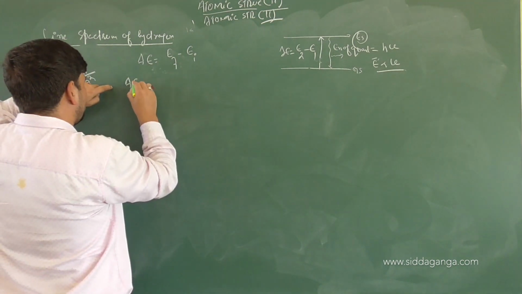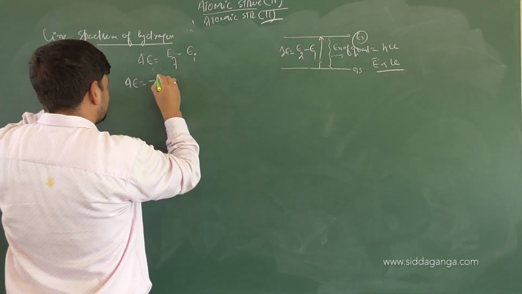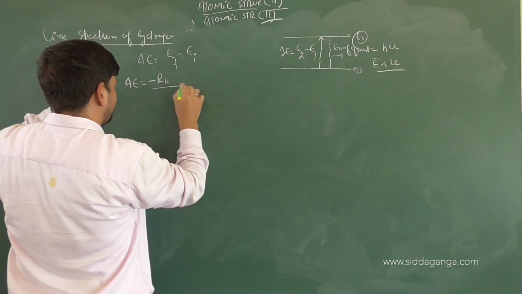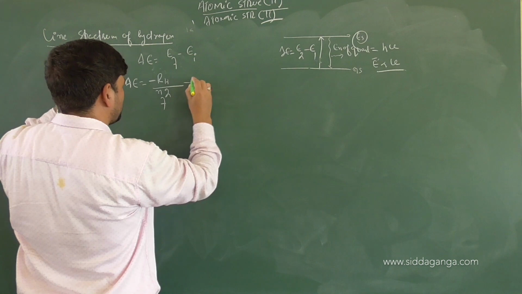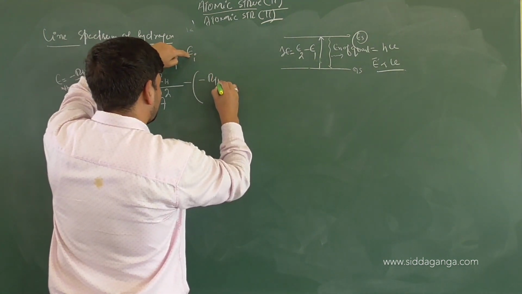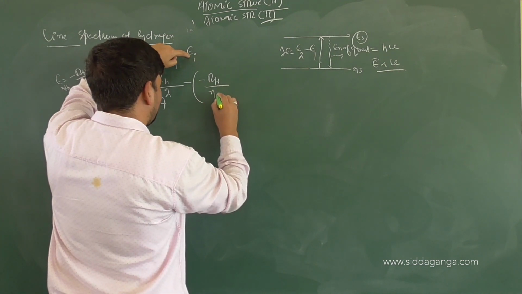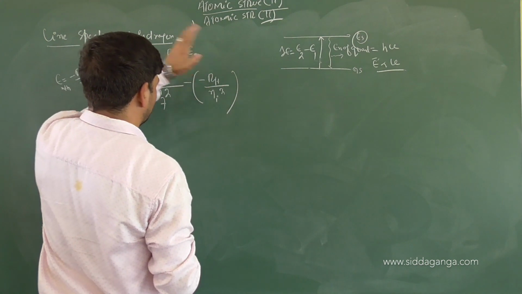So children, delta E will be equal to E final. What is E final equal to? Minus RH divided by n final square, minus of minus E initial, that will be RH divided by n initial square. Because this is a hydrogen atom, Z square will be 1.